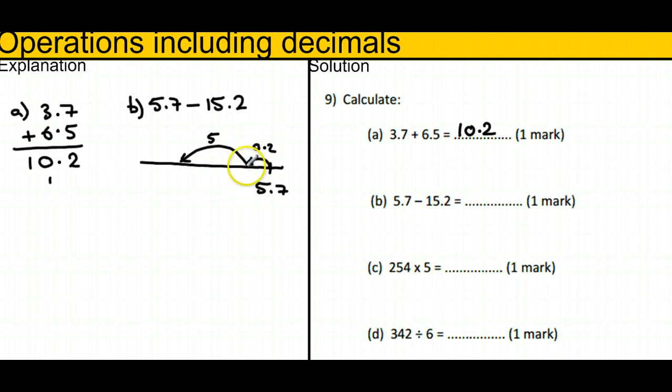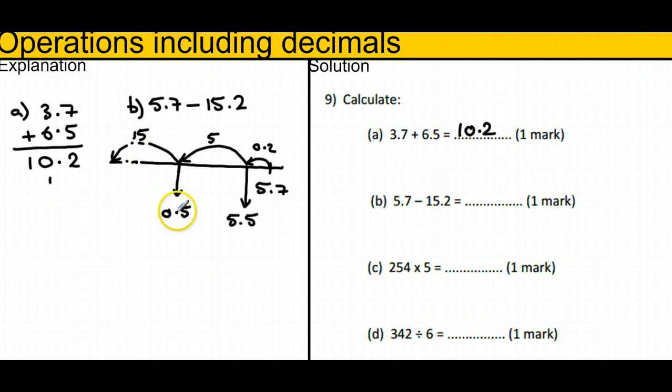So if I take away the 0.2, I'll end up with 5.5. If I then take away the 5, I'm down to 0.5, and then I've got 15 left to take away.